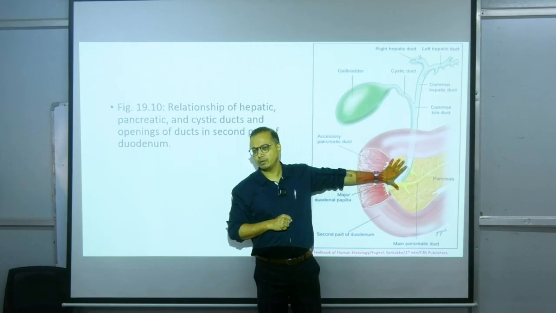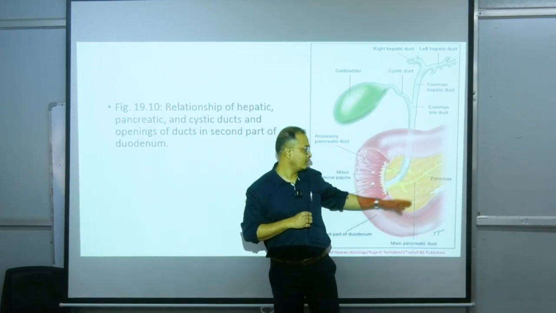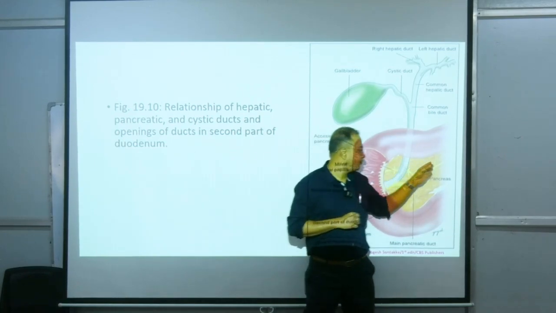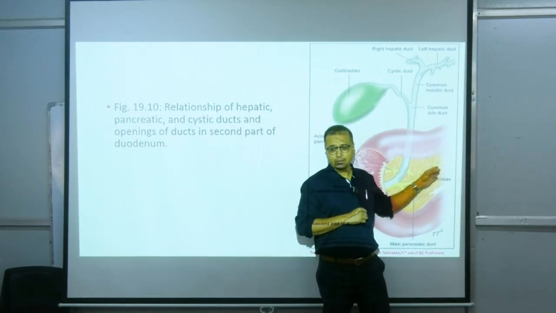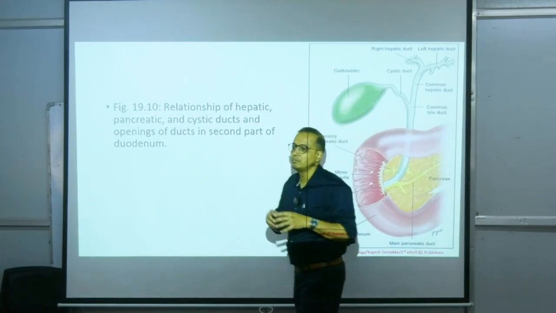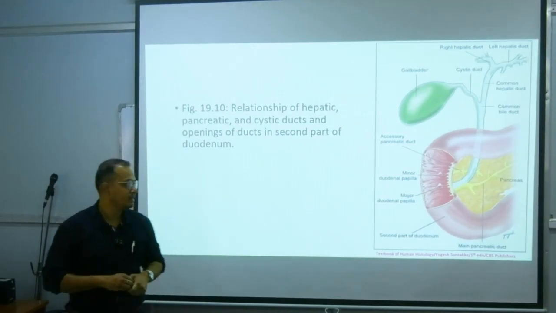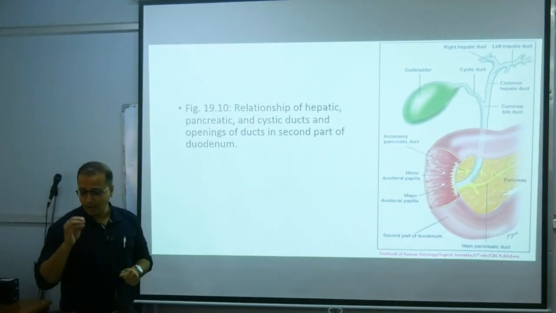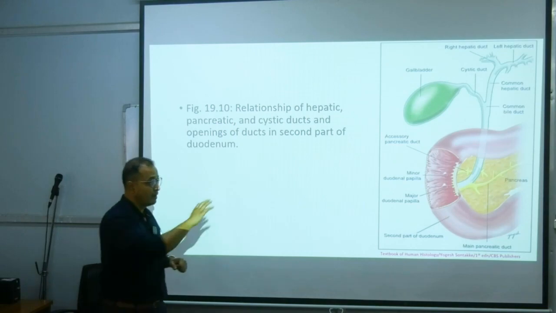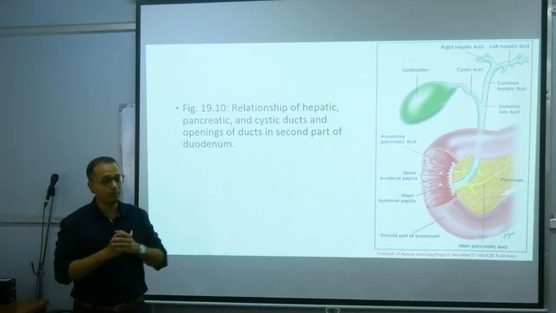We do not see endocrine cells in the head region or neck region. As we move from the neck region to the body and from the body to the tail, towards the spleen side, we see more and more of these cells, which are isolated and floating in the pancreatic tail and pancreatic body related to the splenic region.